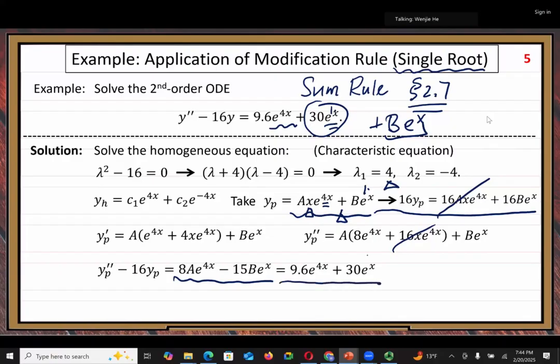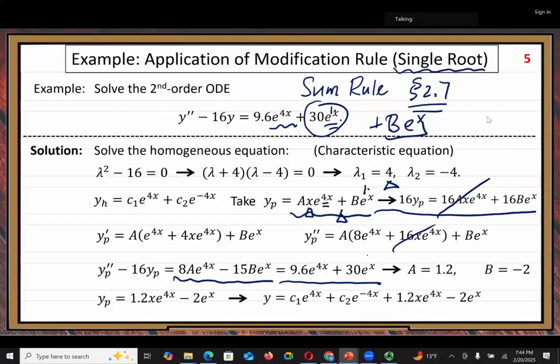So they are equal, so you compare the corresponding terms. 8a equals 9.6, so a equals 1.2. Negative 15b equals 30, so b equals negative 2. So you write the yp solution, then put them together, the general solution.